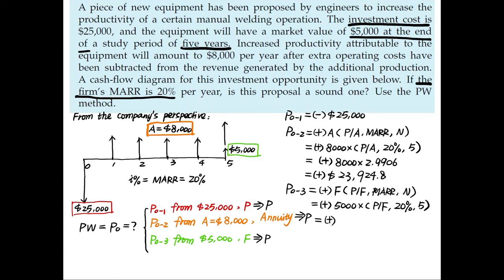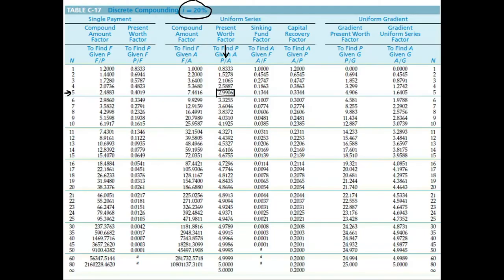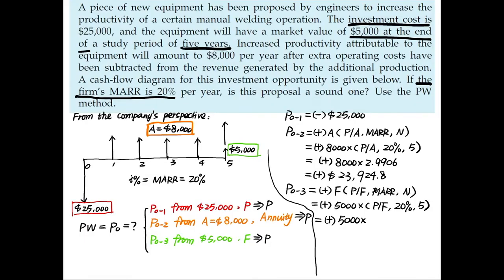You have to find this factor in the table. It's P/F and 5 years, so this is your factor, which is 0.4019. So the final result is 2,009.5.